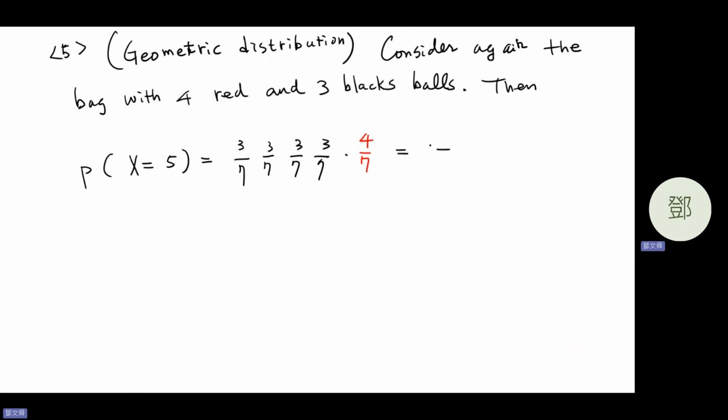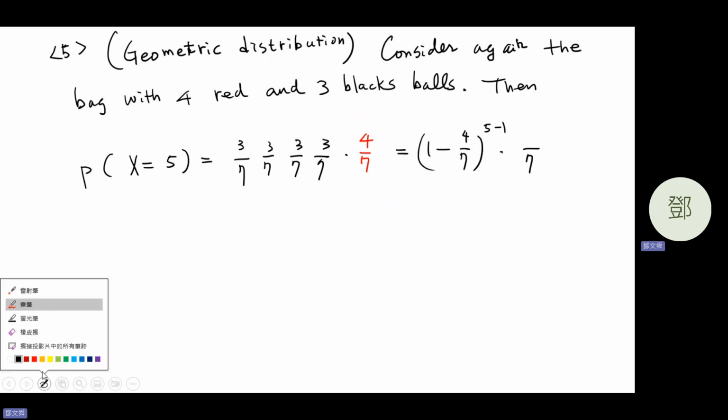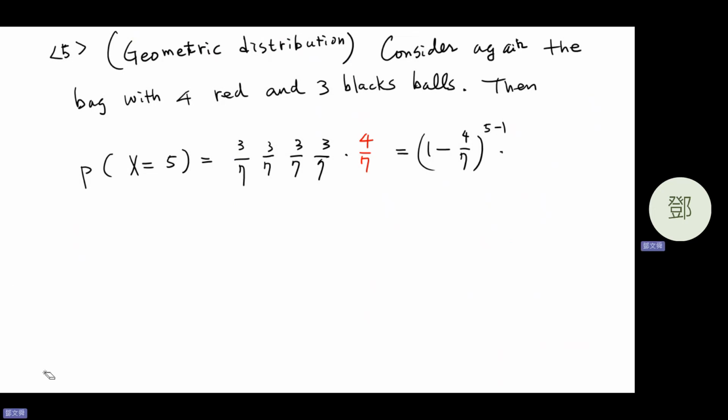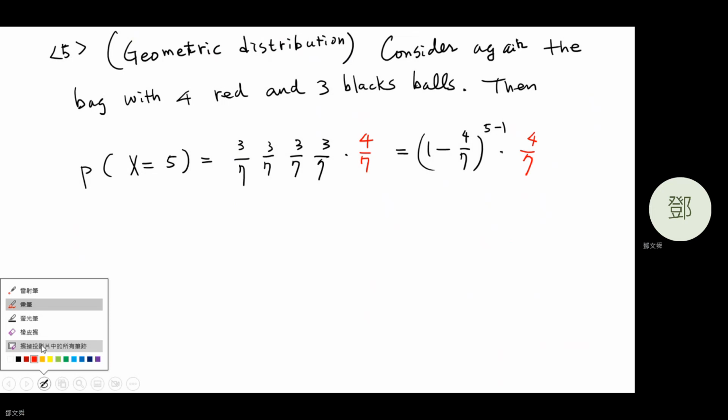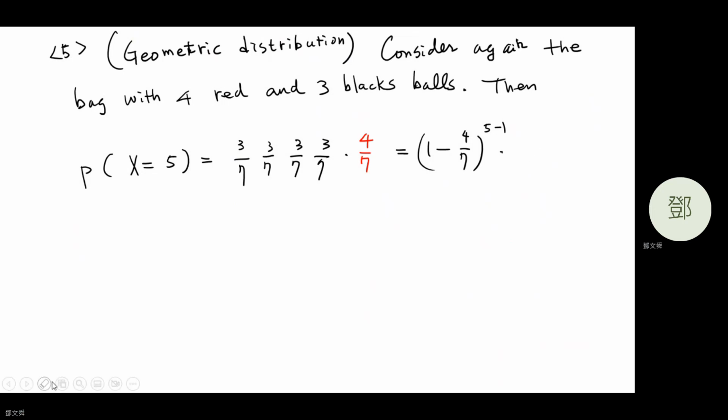I want it to be 1 minus 4/7, 5 minus 1 times, and then 4/7.